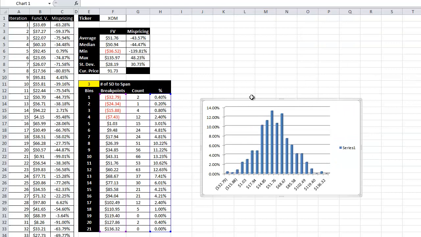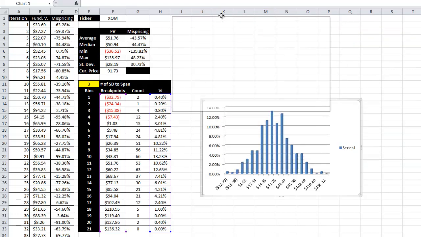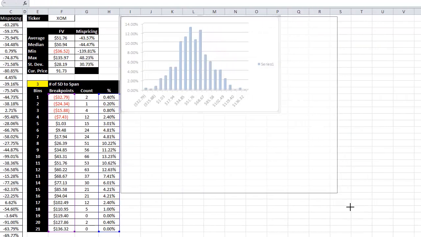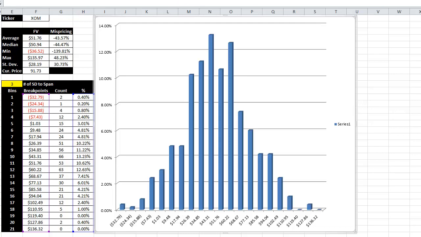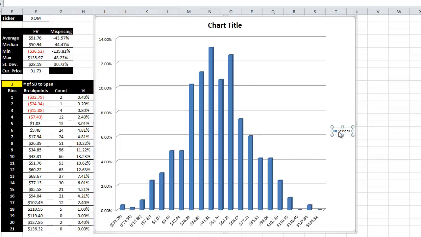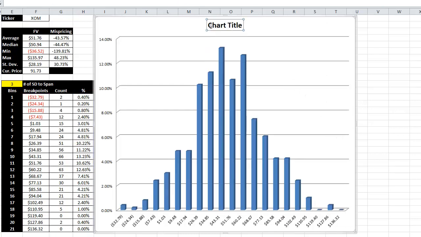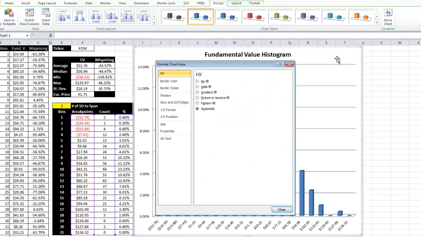Bring it up. And I like to make it a little bit bigger so that I can see it. And you might want to do something like this. Get rid of that right there. And just put right here fundamental value. And you could put histogram if you want. It's not exactly a histogram because the bars aren't touching, but it's close enough for my purposes. And if you wanted to, you could format this a little bit.